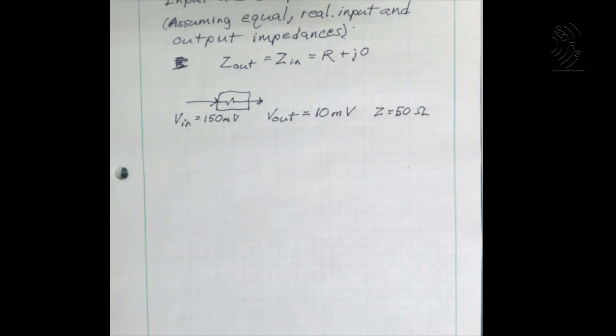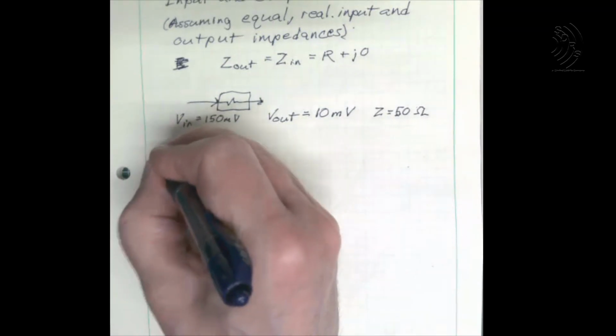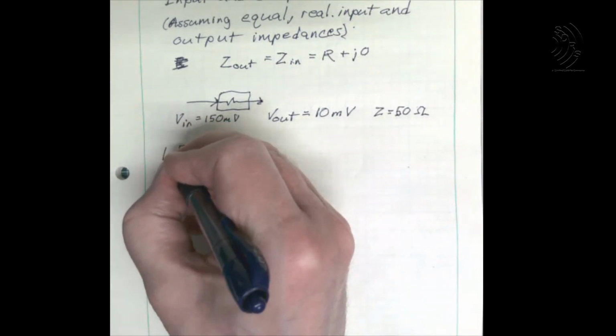Another impedance that you'll see frequently is 75 ohms, which is used in television systems, including cable television. So we're going to calculate the loss in decibels.